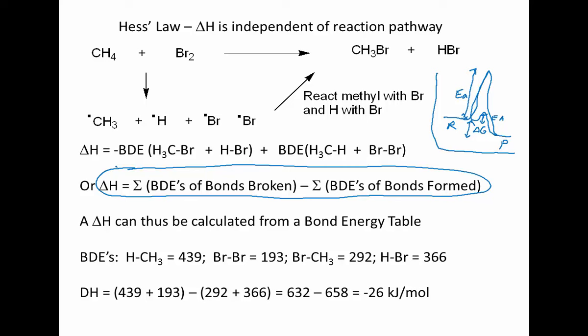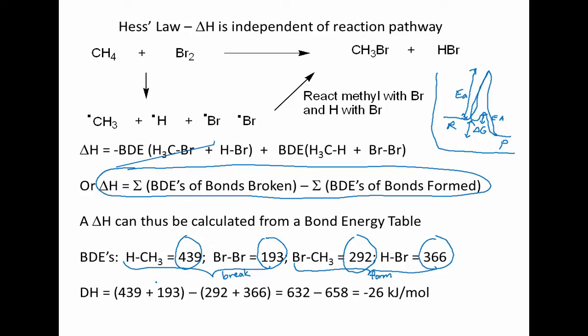The bond dissociation energy for methane, the CH bond, is 439. For bromine, it's 193. For bromomethane, it's 292. And for HBr, it's 366. Recognize that these are the ones that we're forming, and these are the ones that we're breaking.